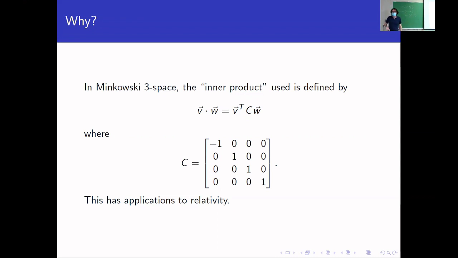And we could prove in a very similar way that if you have a matrix C defining your bilinear form, the matrices that satisfy M transpose C M equals C also form a group. The identity is easy to prove.